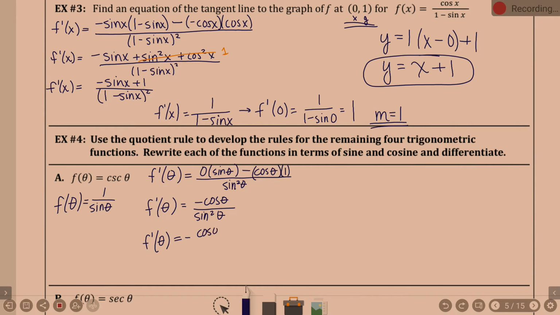Because cotangent is cosine theta over sine theta, correct? But what else do we still have in here? Another sine. So I just rewrote this equivalency. It's still negative. Cosine over sine squared is cosine over sine times 1 over sine.